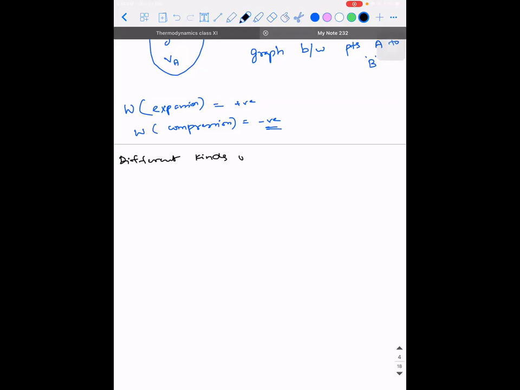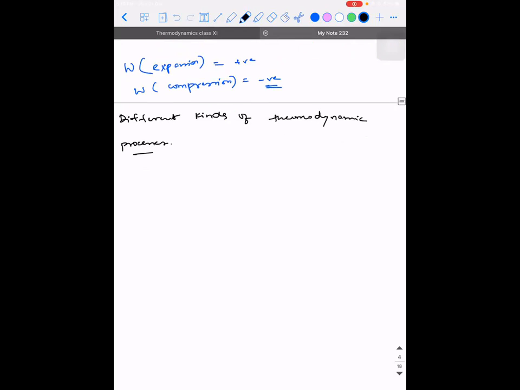Okay. Next, different kinds of thermodynamic processes. First, if pressure is constant, you guys know what is the name of the process?